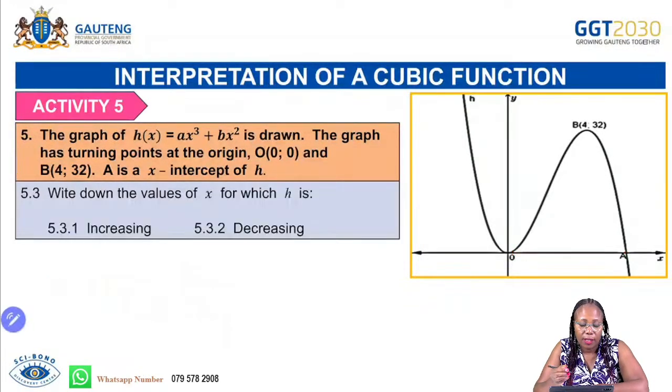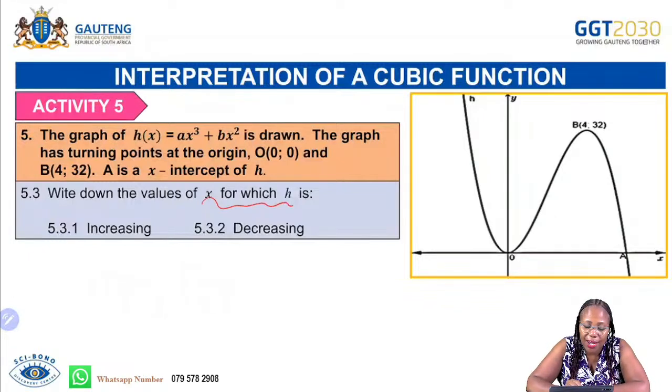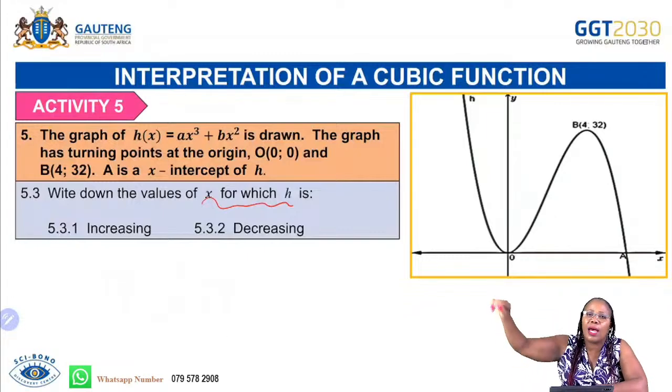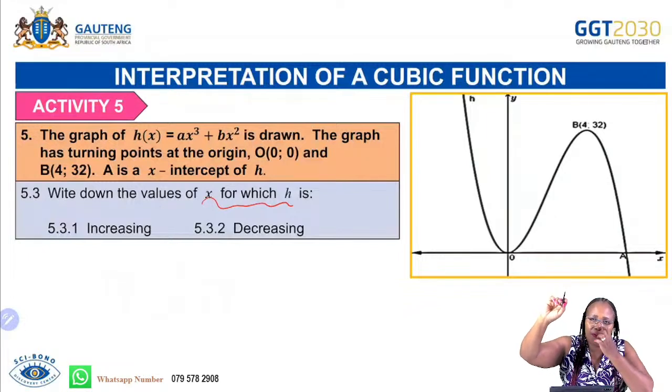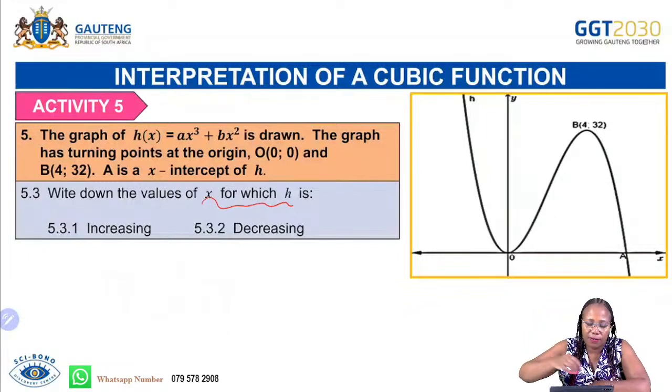Okay. And then now they say here, write down the values of x for which the h function is increasing. When it increases, your gradient is positive, going up. When it decreases, it goes down, the negative gradient. Up is a positive. So a straight line up is positive gradient, down is a negative gradient.